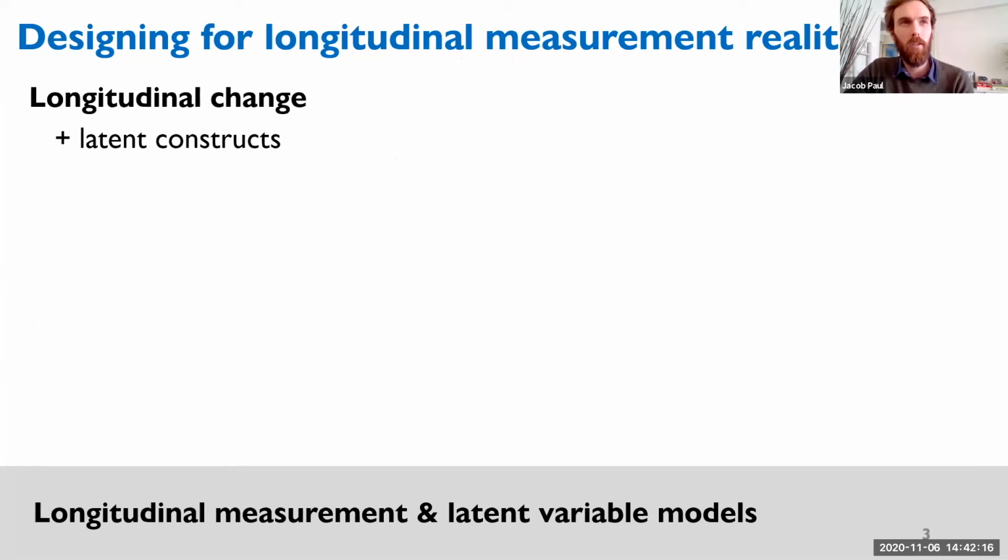To be clear, what we're going to be talking about today is less the idea of multiple cross-sectional studies chained together like you might do in a cohort study, but instead looking at latent constructs of interest to us that may be changing and developing that are a bit harder to get a handle on than a single measurement.